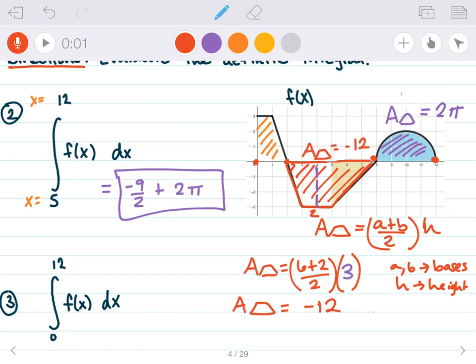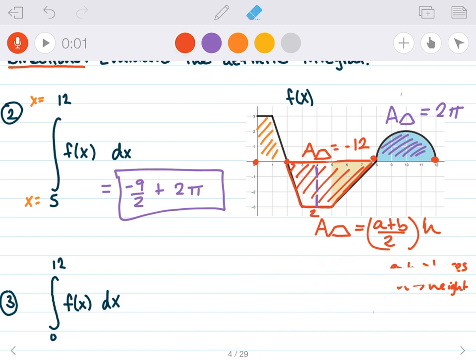All right, now the last thing we need to do is find the area of that little orange trapezoid all the way to the left. So again, we're using our trapezoid formula: base plus base over 2 times height. My top base is 1 unit long on this orange trapezoid, and my bottom base is 2 units long.